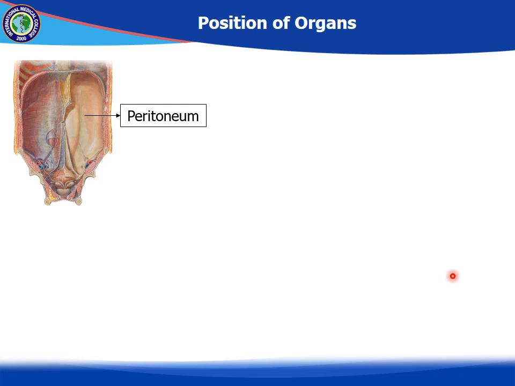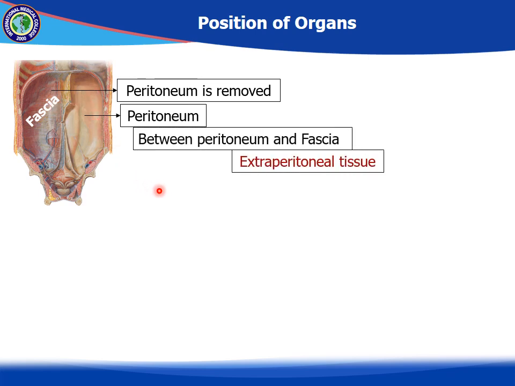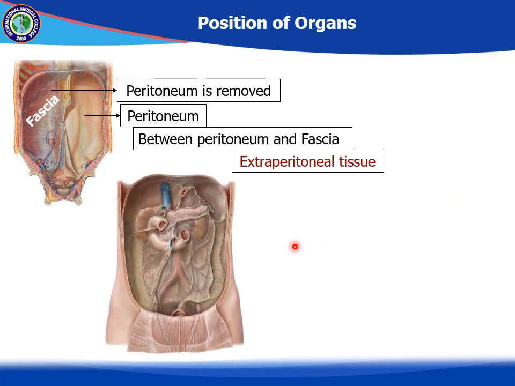This is the peritoneum, as I have already shown, and the peritoneum is removed from here and we can see the fascia. Between the peritoneum and the fascia is the extraperitoneal tissue, which is laden with fat. You can see the posterior abdominal wall.